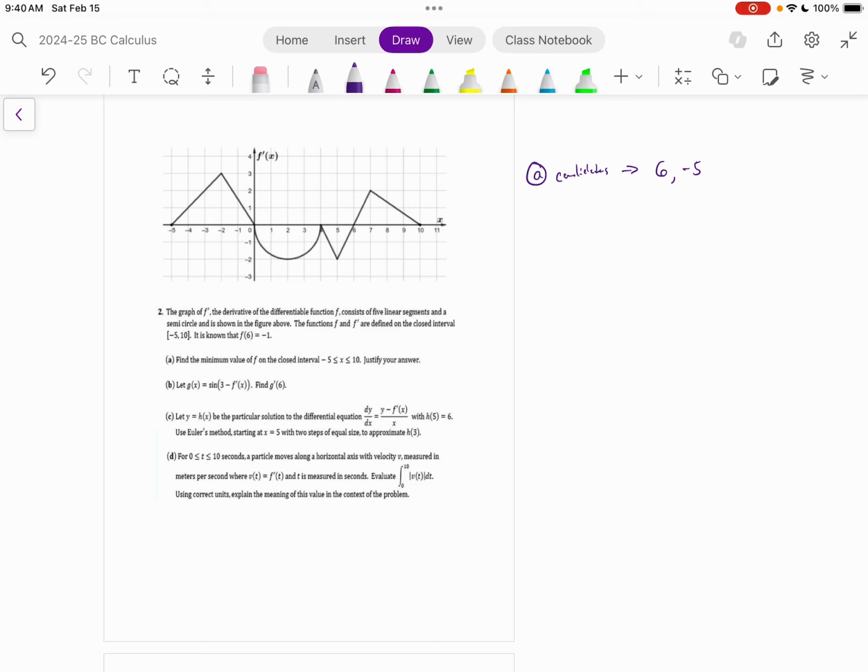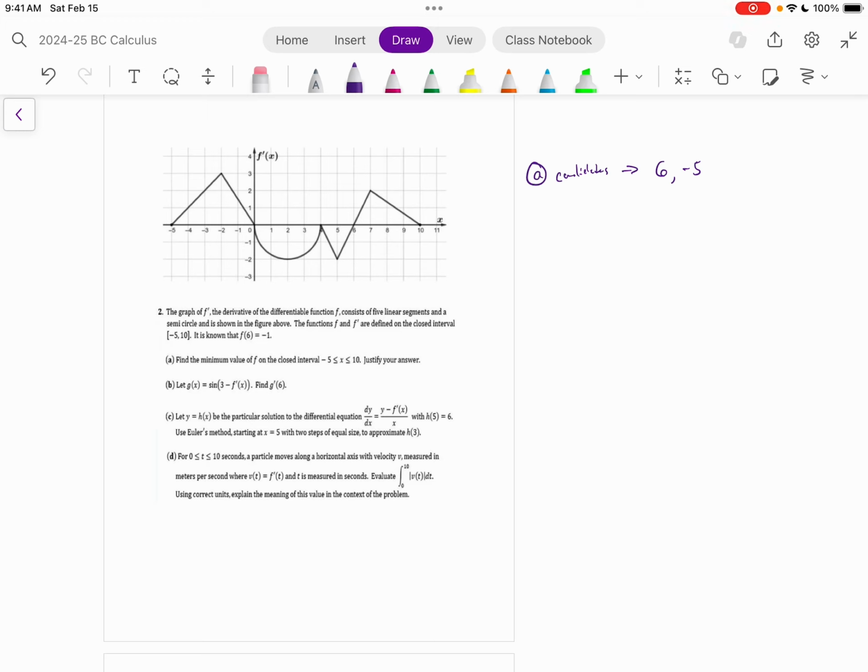Similarly, is 10 a candidate? We're increasing into the right boundary, so no. I think negative 5 and 6 are my only two candidates, right?